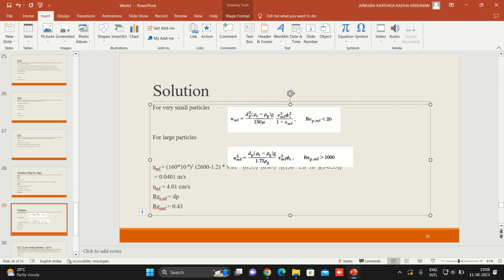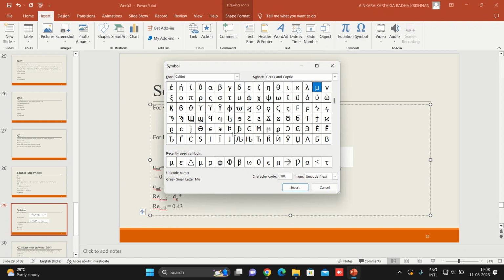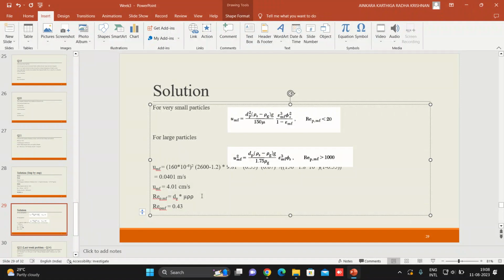For that, what is the formula? dp into rho into v by mu, and then we'll insert mu also.